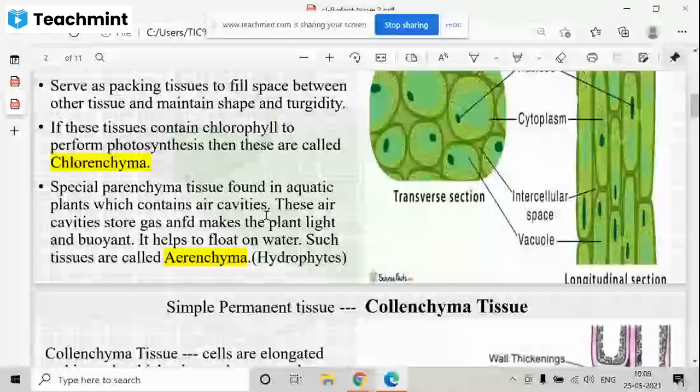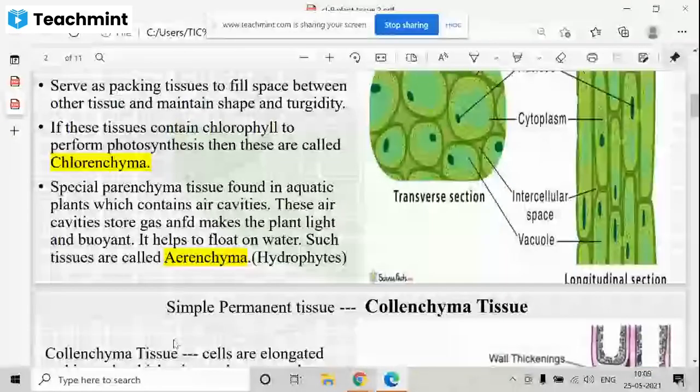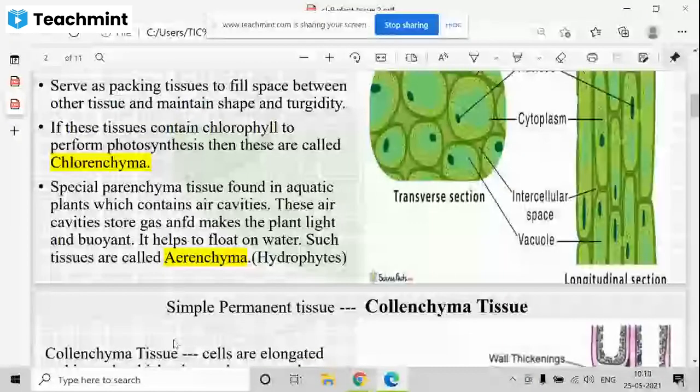They are aquatic and they have air cavities inside them. These air cavities store gas and make the plant light, so they can float on water. It is the upward thrust given by the water to the plant to float. Anything that floats on water is called buoyant.